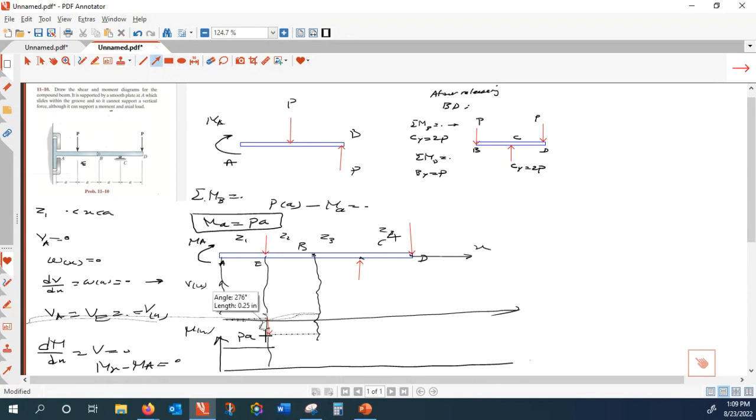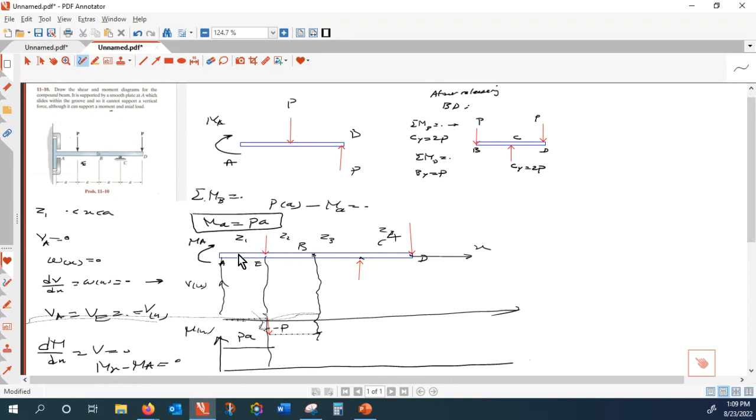How large is that discontinuity? That is equal to minus P. And it doesn't change between point E and B. Why doesn't it change? Because W of x in this zone is 0. When W of x is 0, its integral is constant.